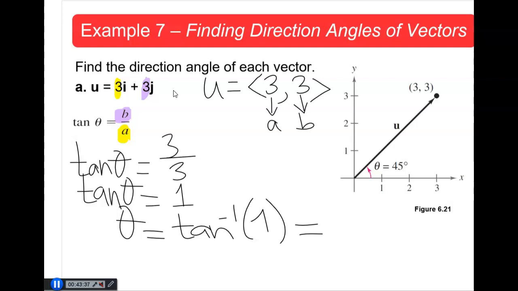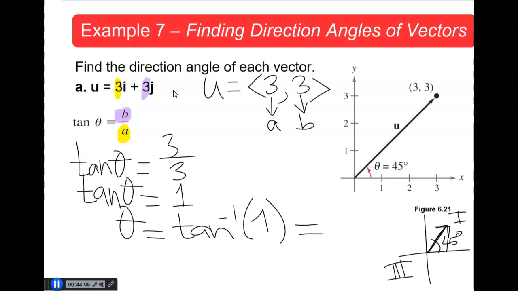Remember how tangent is only positive in quadrants 1 and 3. However, if you find the tangent inverse of 1 on the calculator, you will get the answer in quadrant 1, which is 45 degrees, and that will happen because of the way that tangent inverse is defined.